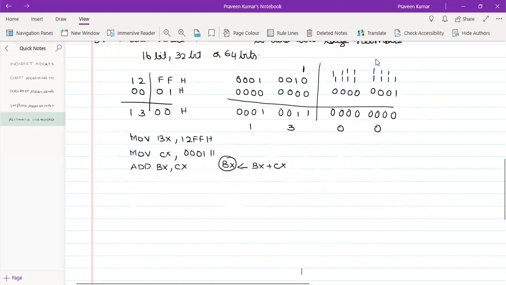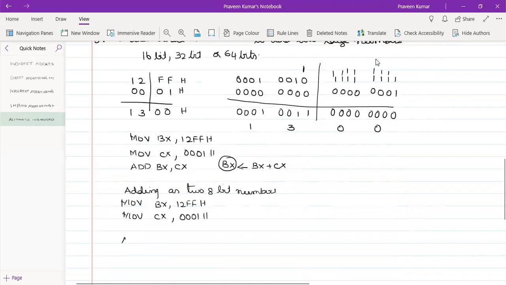So I will rewrite this, adding as two 8-bit numbers. Move into BX the value 12FFH, move into CX the value 0001H.